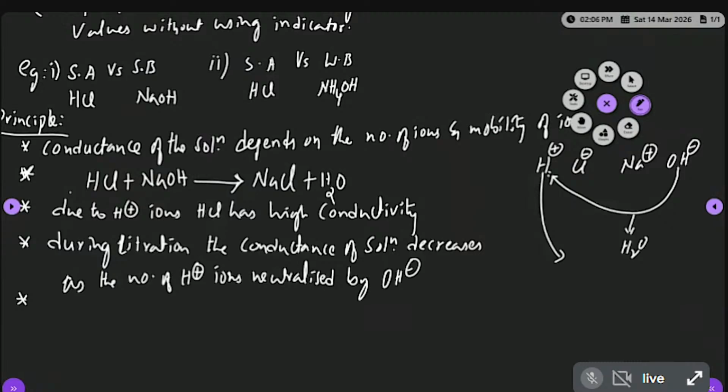Okay, and see, where the conductance reaches to minimum, that point is known as equivalence point. The point where the conductance reaches to minimum, that point is known as equivalence point or end point. ఆ పాయింట్ మనం ఏమంటాం? ఈక్వివాలెన్స్ పాయింట్ అంటాం, లేదా ఎండ్ పాయింట్ అంటాం. ఓకే, సో ఆ పాయింట్ రాయాలి.